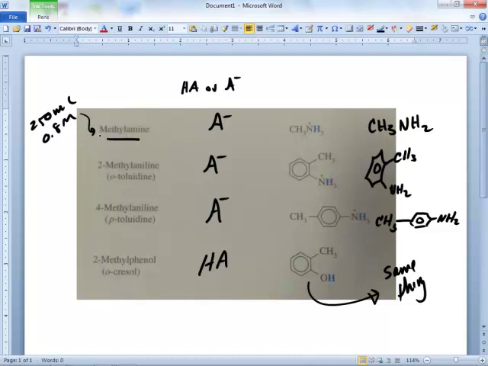You can only add HCl because all you have is a conjugate base, right? All you have is a conjugate base. So all you can add is HCl. All you can add is NaOH. Make sense? Okay, so that's the game we're playing.